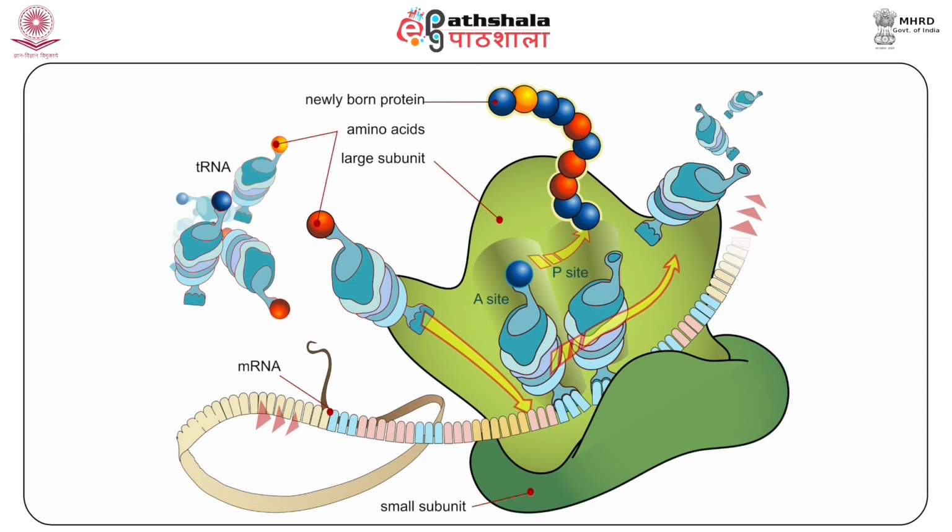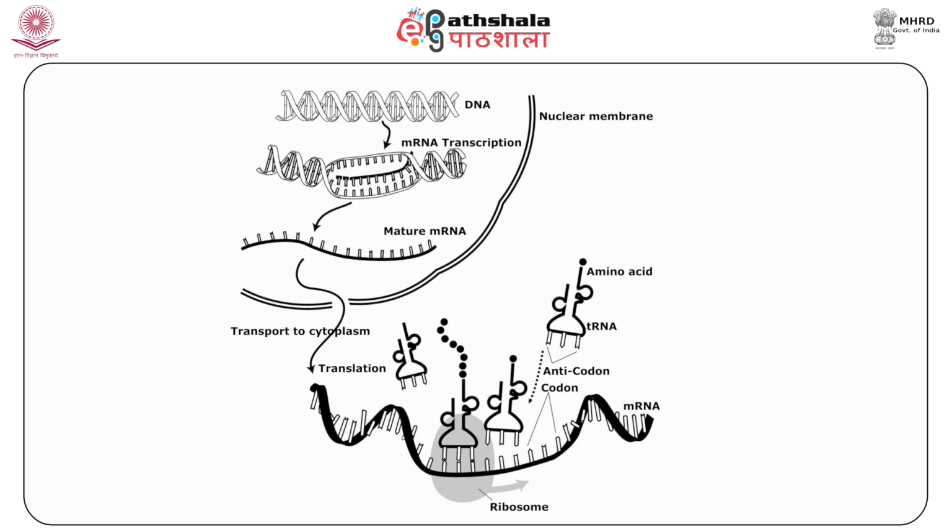This process uses transfer RNA or tRNA molecules to deliver amino acids to the ribosome, where ribosomal RNA links amino acids together to form proteins. There are three types of RNA: mRNA.